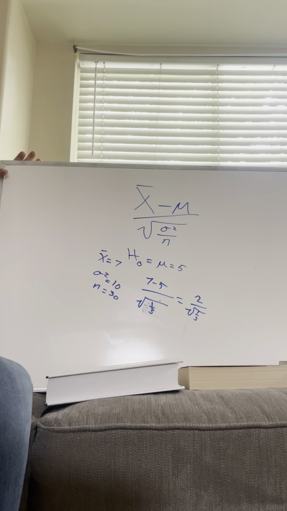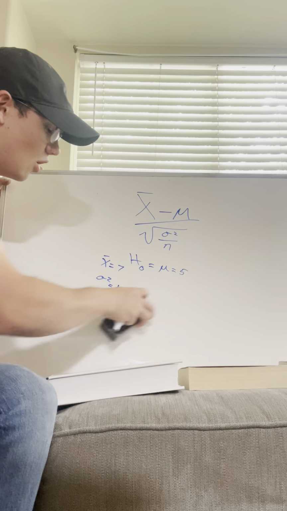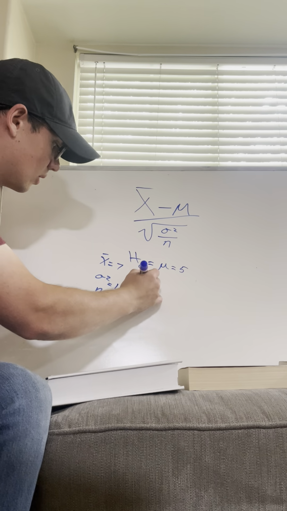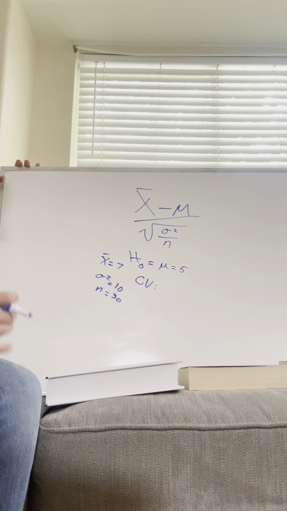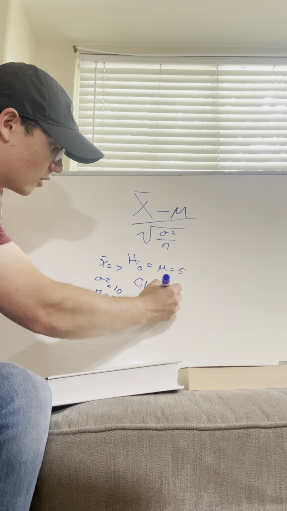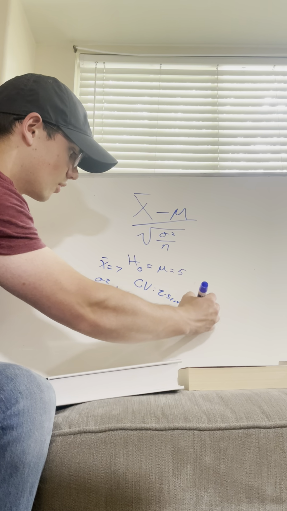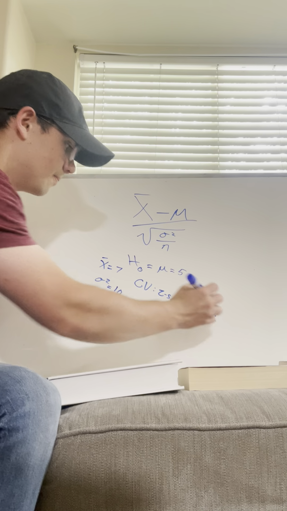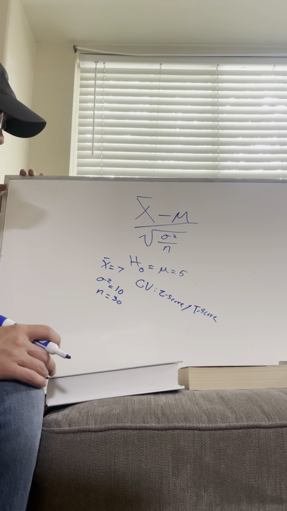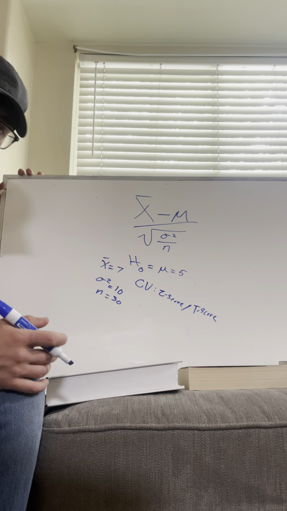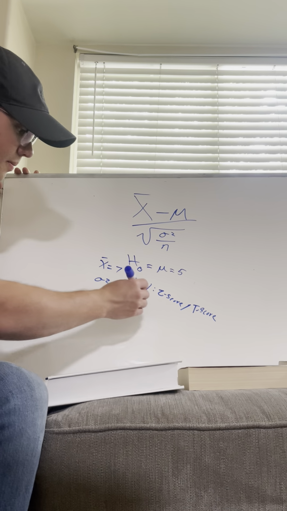Now, our critical value is some value on the t-table or the z-table, so some z-score or t-score that corresponds to a certain probability. You'll find your critical value by knowing what the alpha is, or the level of significance.